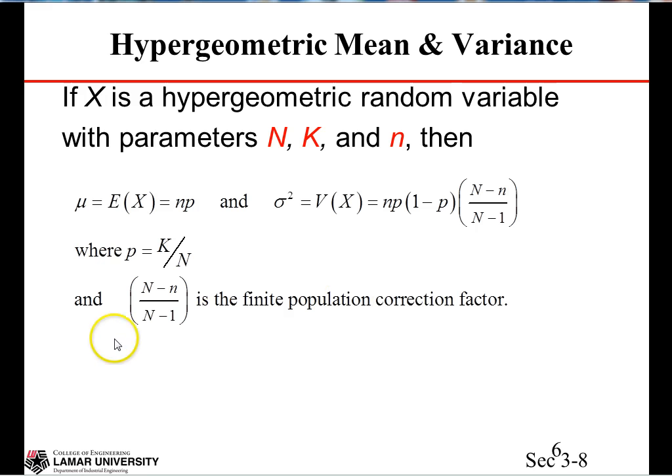Then we have the mean or expected value, which is n multiplied by p, where p is the probability, as if you are sampling with replacement, of randomly picking one and it being a success. This should be k divided by N, because you have k successes in a total of N objects.